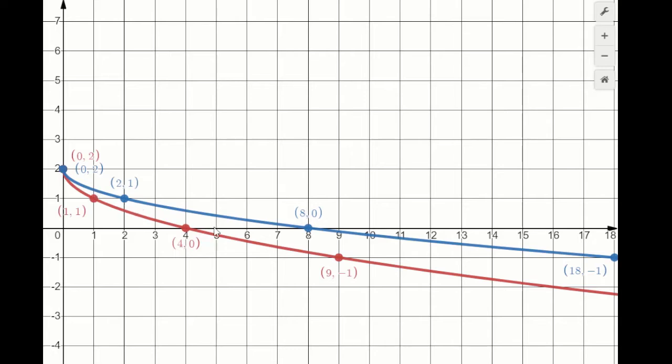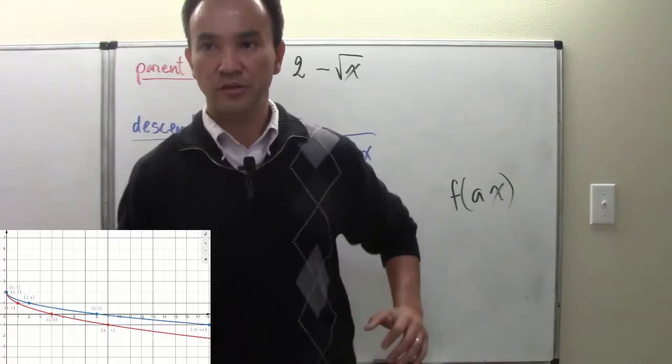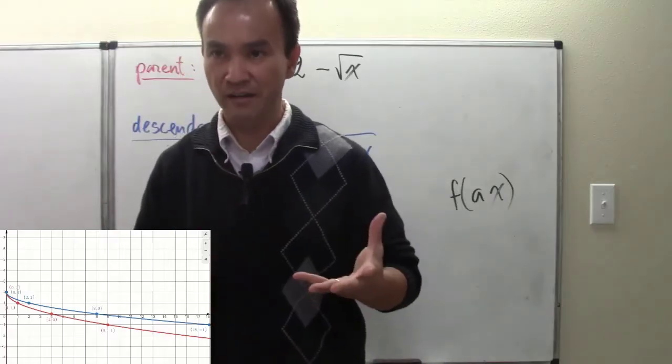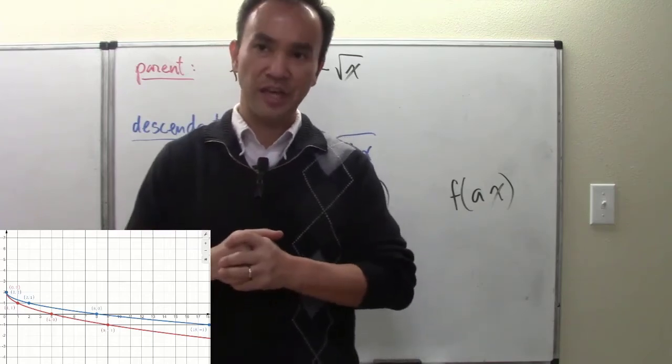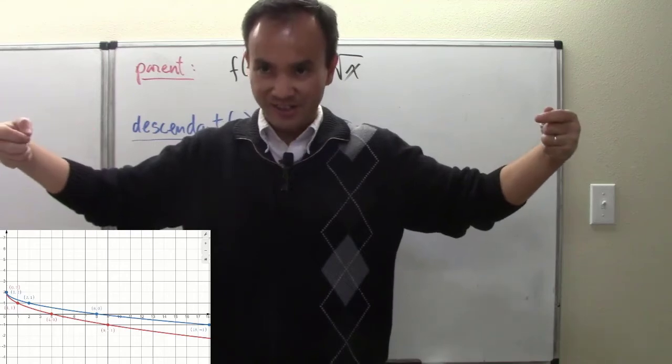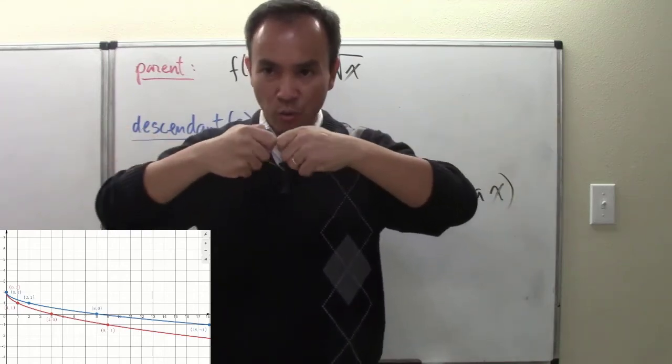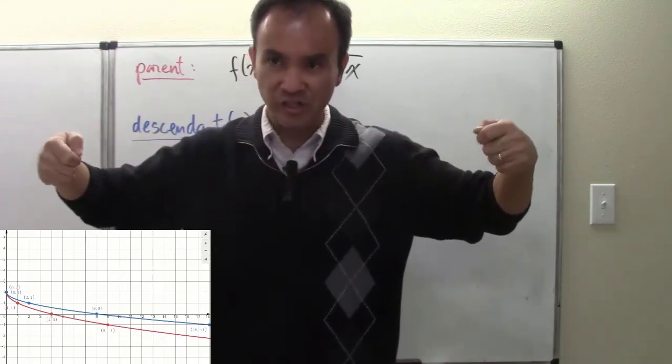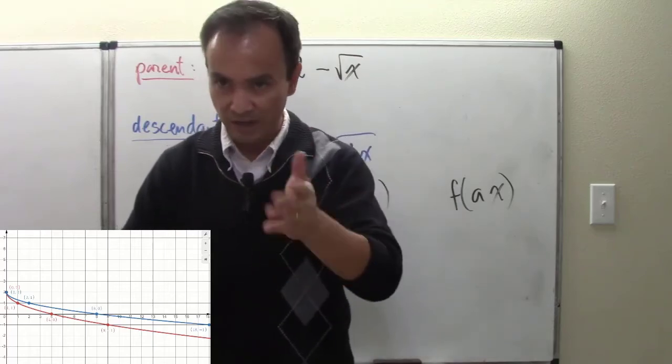All these y values stay the same, but the blue guiding points on the descendant function come farther away from the y-axis. So in formal terms, the graph in blue is the graph of f of x that has been horizontally stretched.